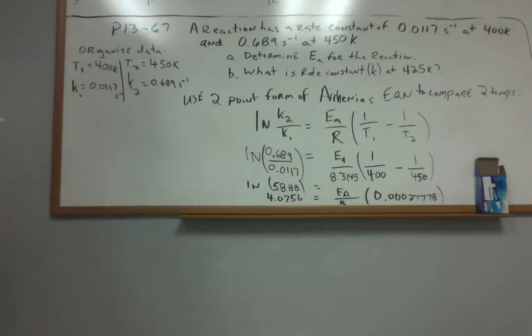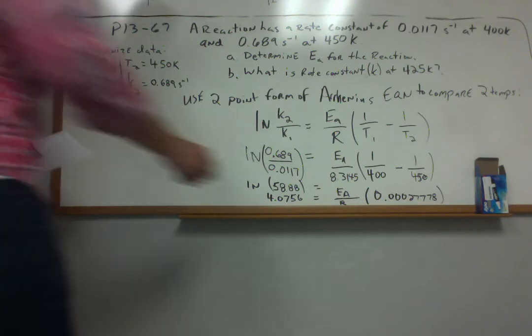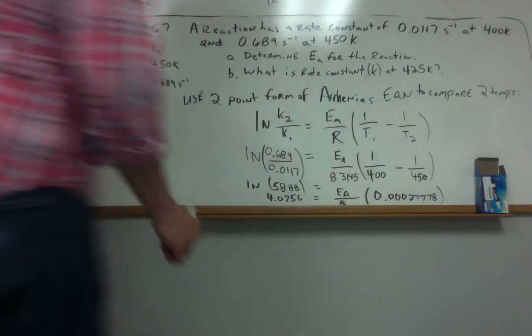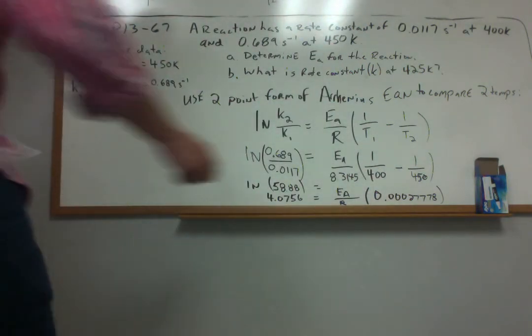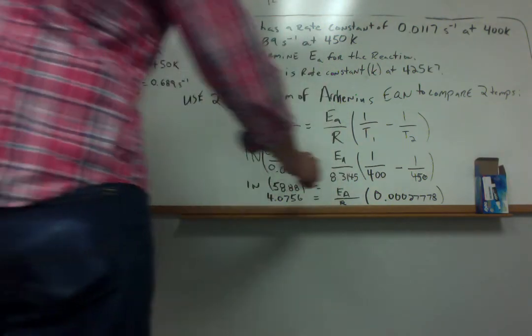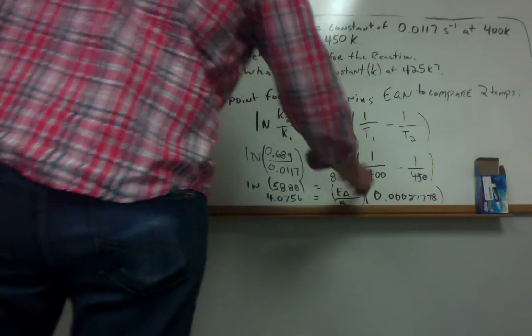So the next thing I'd like to do is to try to combine this number and this number, basically treating this as like an x variable. That's going to be kind of our unknown, this whole ratio.